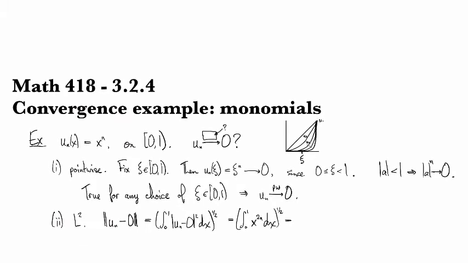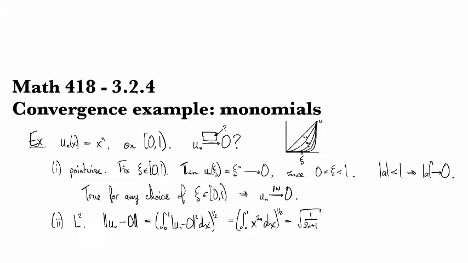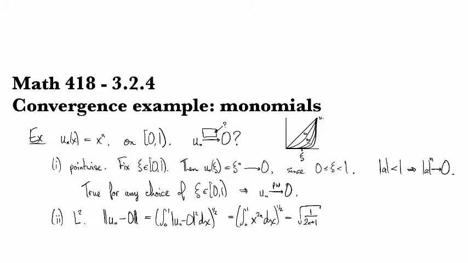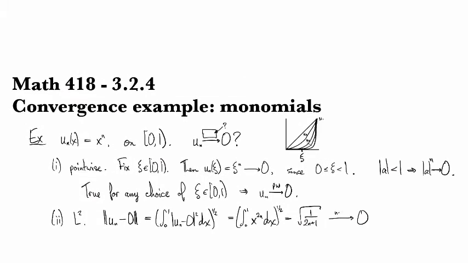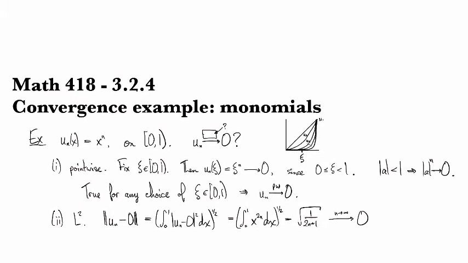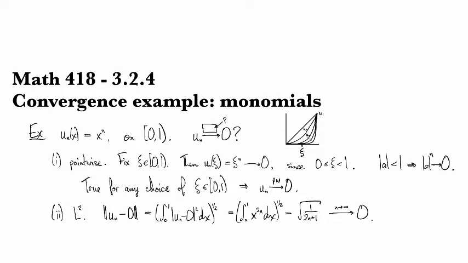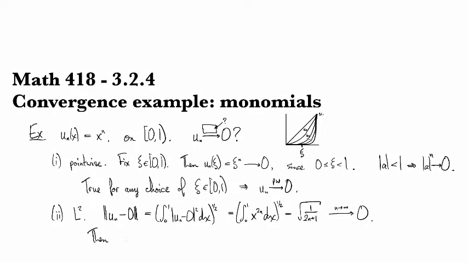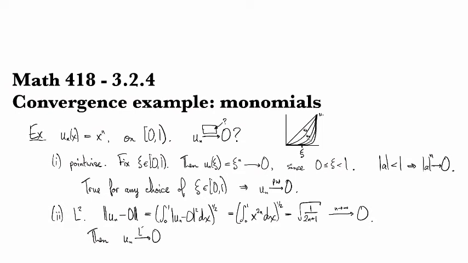And so this is going to be the square root of 1 over 2n plus 1. And that fraction, you can tell, goes to 0 as n goes to infinity. So then the conclusion is that un converges to the 0 function in L2.